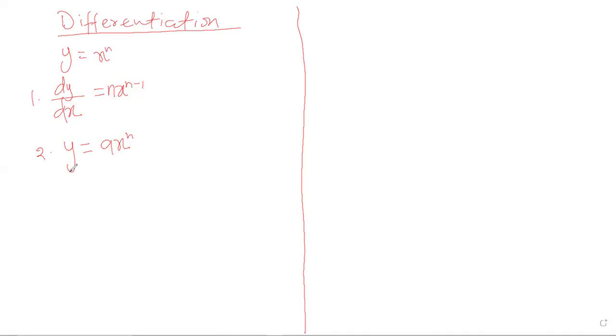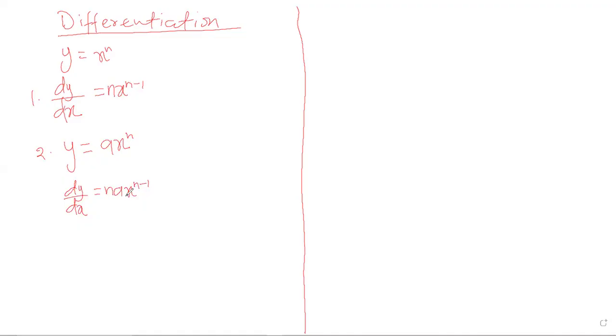If you're asked to differentiate this function, you say dy/dx is equal to, you bring this n to multiply the a, that is the coefficient, and you bring your variable, and you subtract 1 from the exponent. That is all. You are done with this one. That is how we differentiate a function. This is the general rule for differentiating a function.